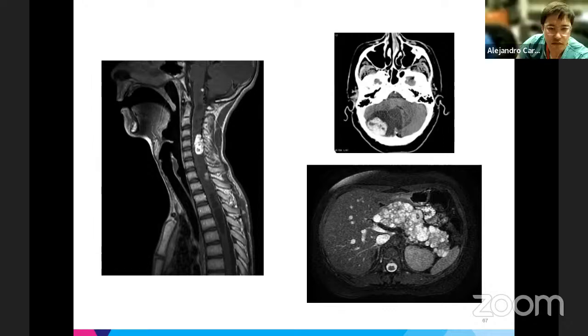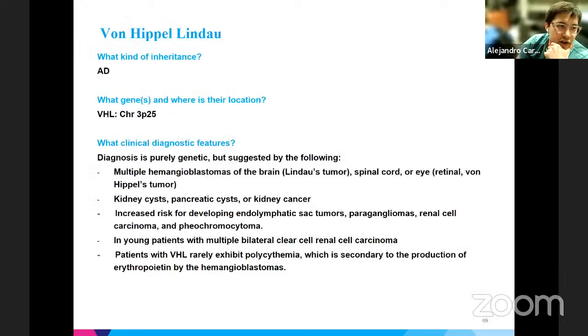Perfect. Yep. So you see this large heterogeneous cerebellar tumor, along with pancreatic cysts and liver cysts. And you see a spinal lesion, which, putting all this together in its entirety, you can expect to likely be a hemangioblastoma as part of VHL, which is autosomal dominant and implicates chromosome 3.